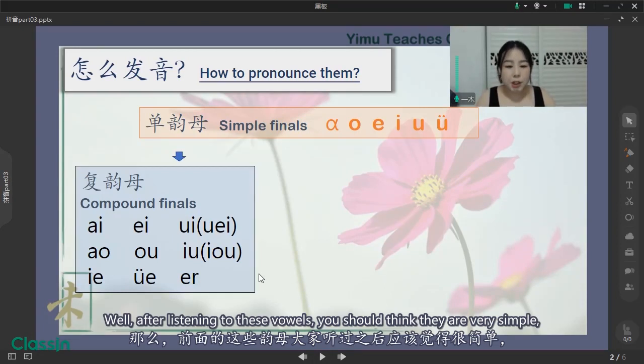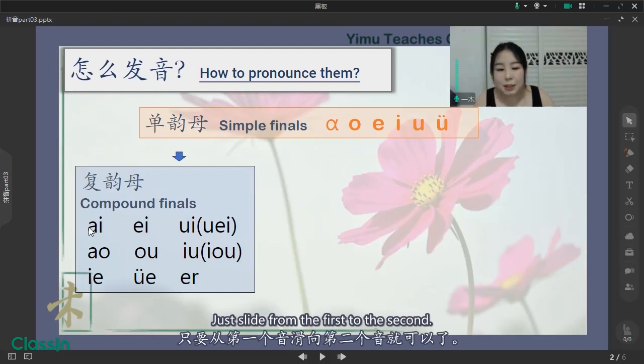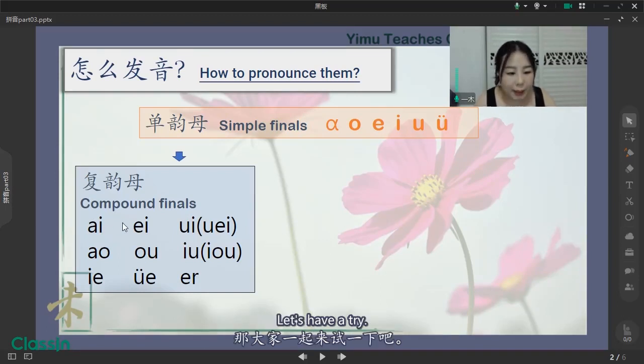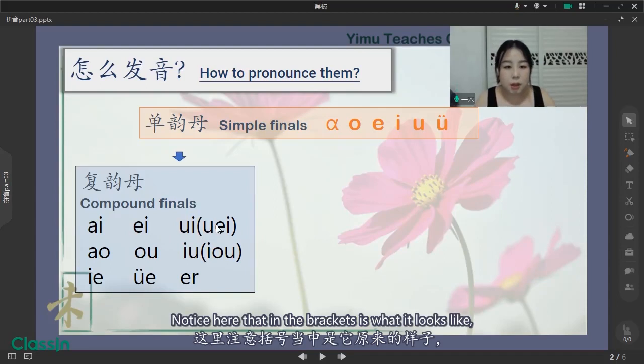Well, after listening to these phonemes, you should think they are very simple. Just slide from the first to the second. Let's have a try. I, A. Notice here that in the brackets is what it looks like.